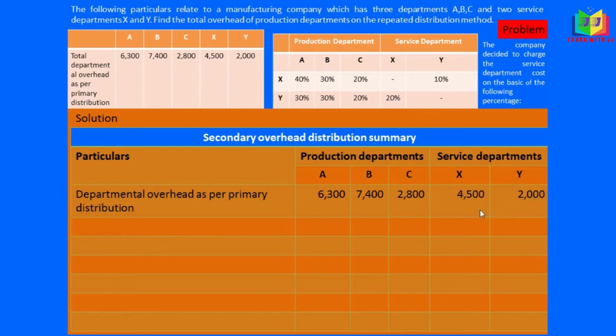Now we'll start with department X. This 4,500 is to be distributed to A, B, C and Y in the ratio of 4:3:2:1. I simplified this percentage.